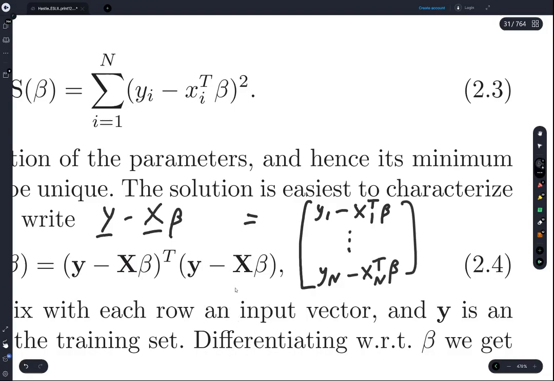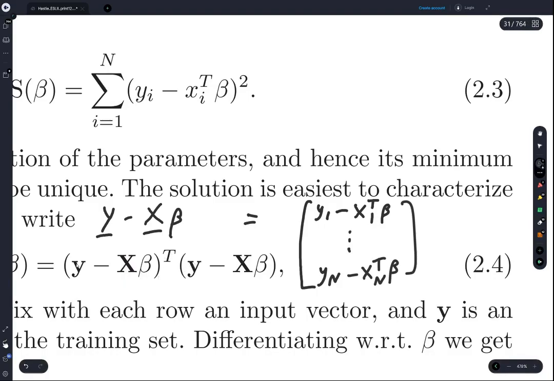You take the first entry of the row vector times the first entry of the column vector, then add the second entry times the second entry, and you just add all of those up. But this is the same vector, the only difference is that one is transposed.